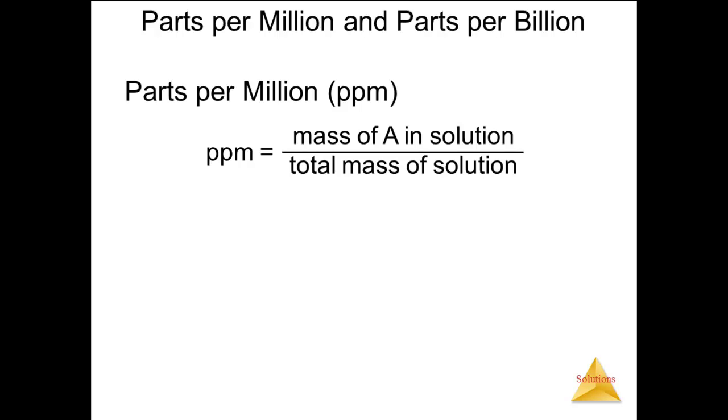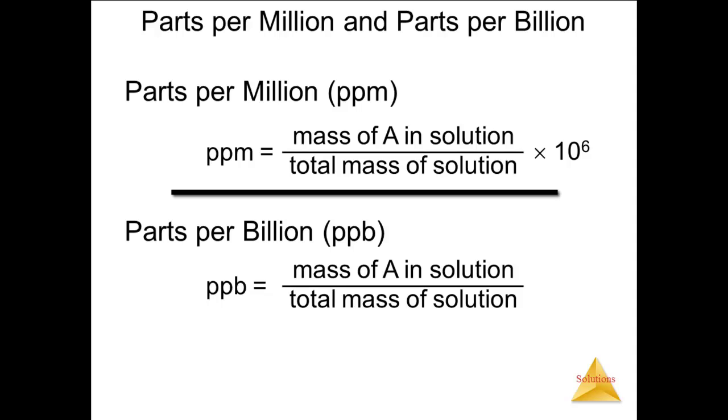This idea has a direct application when talking about the related measures that are commonly used when talking about pollution or contamination. Parts per million has the same ratio of mass of the solute divided by mass of the solution, but is multiplied by 1 million, 10 to the sixth, instead of 100.